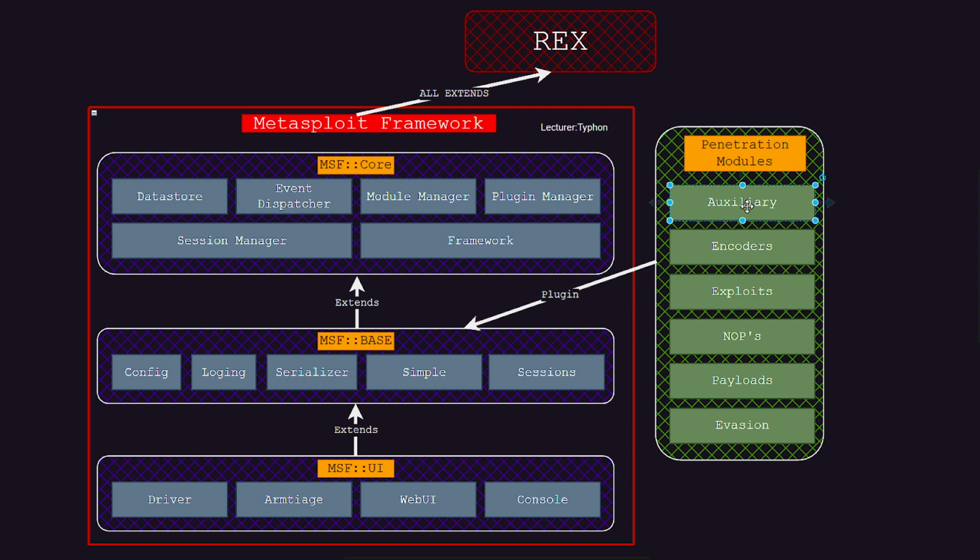And we have auxiliary modules here. Auxiliary modules are like versatile Swiss Army knives. They are multifunctional and can perform a wide range of tasks, including information gathering, like collecting data about a target system or network, such as open ports, running services, or even sensitive information. You can also do fingerprinting tasks here.